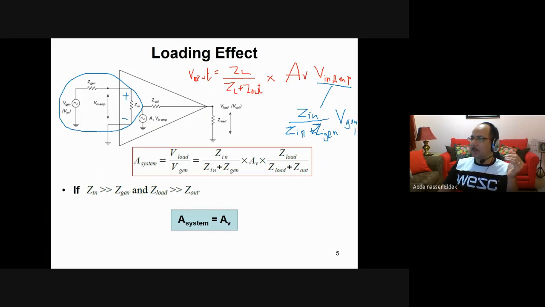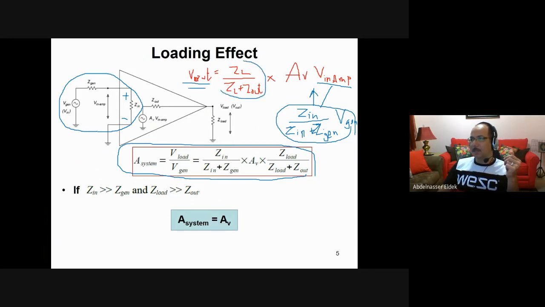And then we substitute this into the earlier equation, and we get this equation. So V out, or V load, equals ZL divided by ZL plus Z out, times Zn times AV times Zn over Zn plus Z generator times V generator.